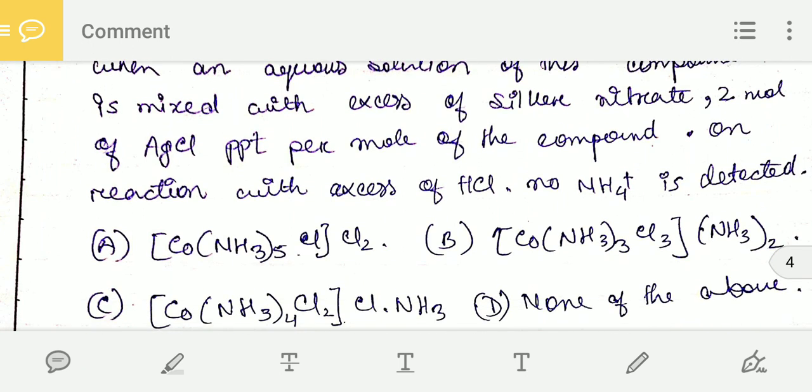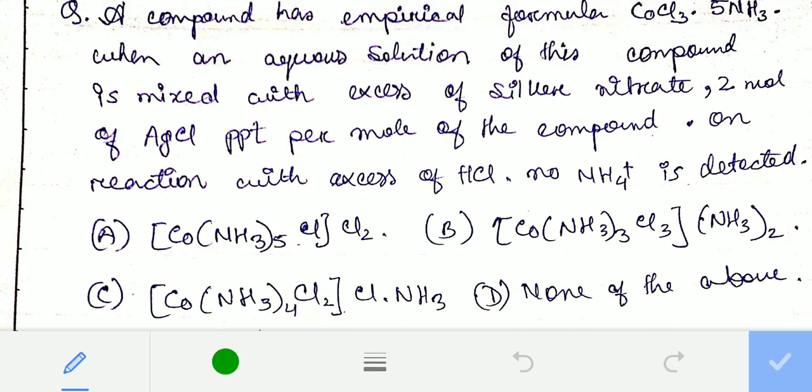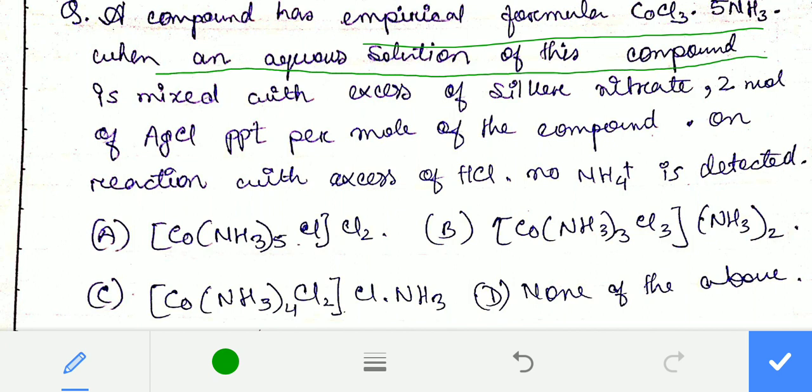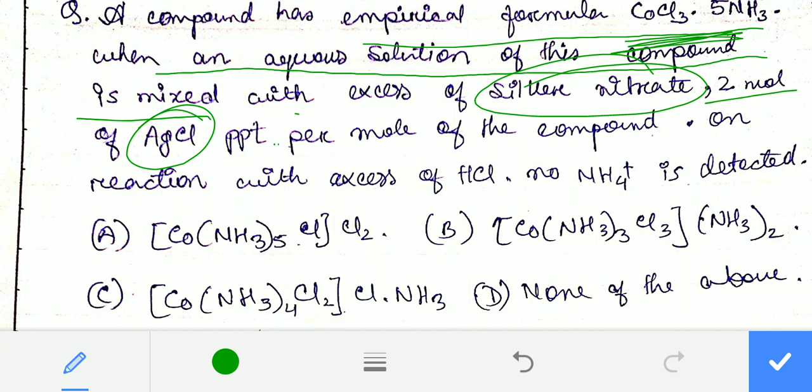Okay, this question is here. A compound has the empirical formula CoCl3 5NH3. When an aqueous solution of this compound is mixed with excess silver nitrate solution AgNO3, 2 moles of AgCl precipitate out per mole of the compound.